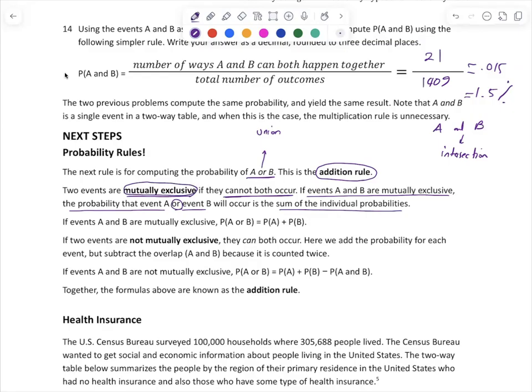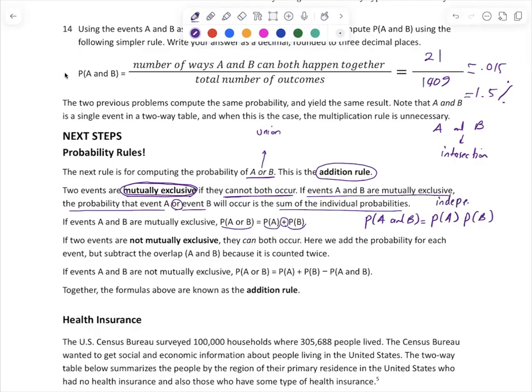If you have mutually exclusive events, the events that cannot happen at the same time, the probability of A or B is the probability of A plus the probability of B. Again, this is different from the multiplication rule that says the probability of A and B is the probability of A times the probability of B. This is for independent events.